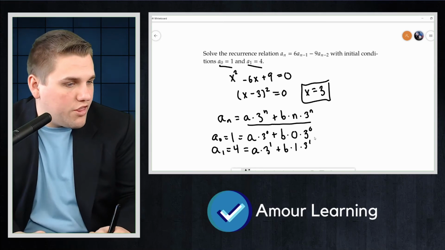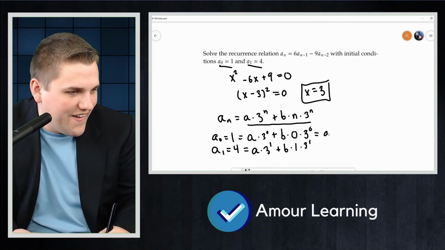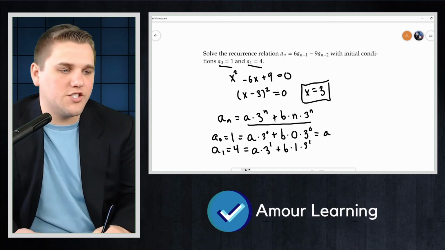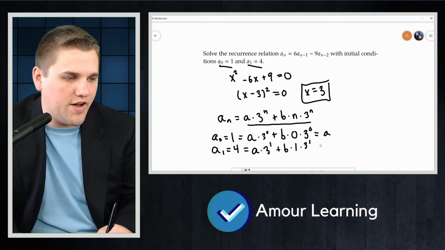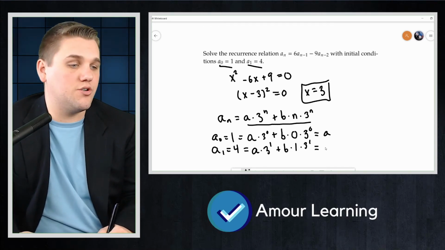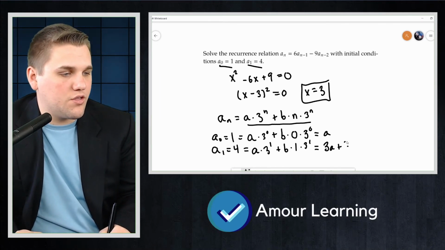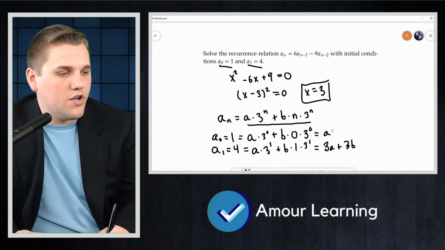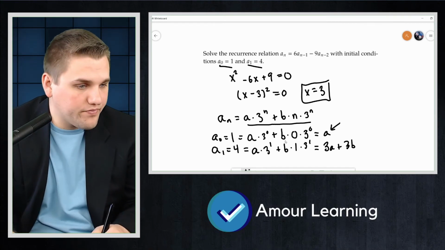The first equation is just a, because 3 to the 0 is 1 and 0 times anything is 0. The second equation simplifies to 3a plus 3b. So a equals 1.